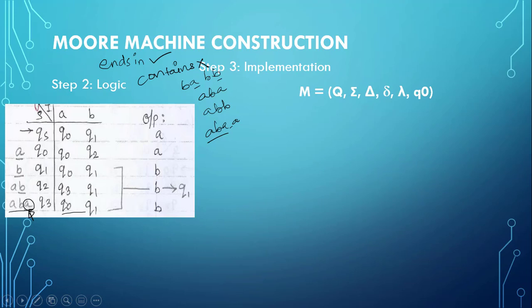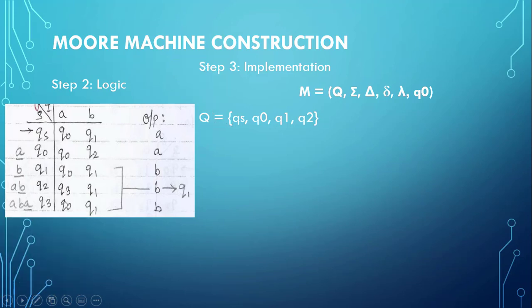We will see the implementation, that is the mathematical representation of this machine, as follows. Here we can clearly see that Q1 and Q3 have the same transitions. Also QS has the same transition, but since the output symbols do not match in QS, Q1 and Q3, but match in Q1 and Q3, we will merge Q1 and Q3 to become Q1. So we will be left with only QS to Q2 states.